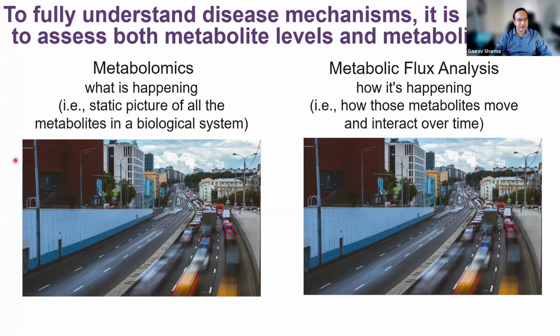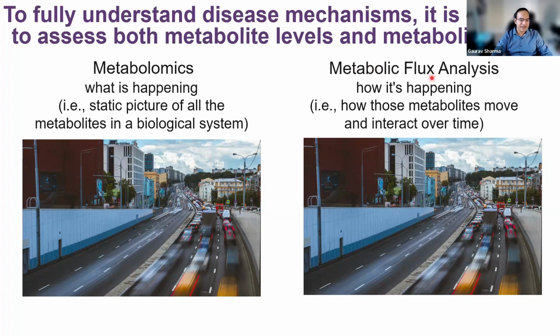I mean, the static picture of a traffic. Imagine each of these cars is a metabolite and you are taking a snapshot, which is telling us this is a metabolite. The metabolic flux analysis is going to tell us how it is happening.